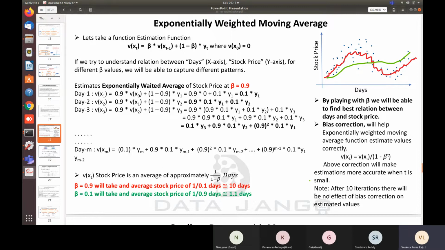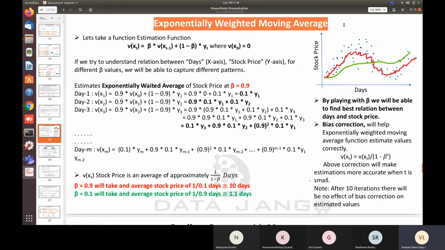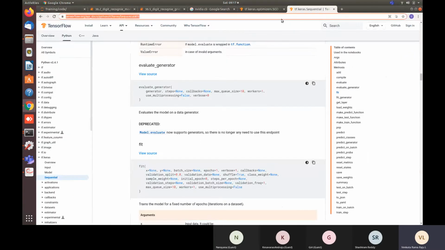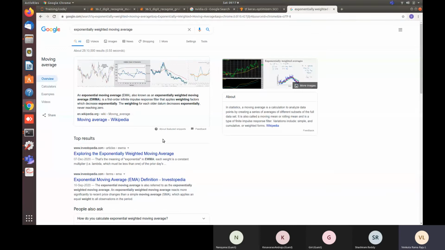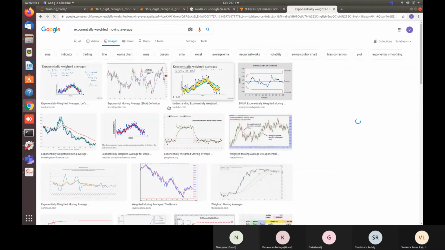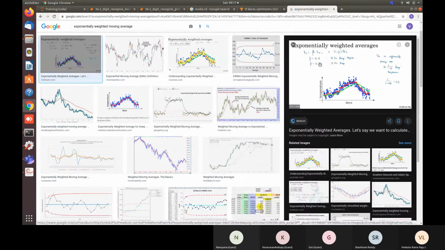Let me look at this equation once. Maybe this is y t minus 1. Y t minus 1, y 0 will not be there. So y t only. Sorry. Let me look at it. Yeah, Vt is equal to beta into Vt minus 1 plus 1 minus beta into theta t.